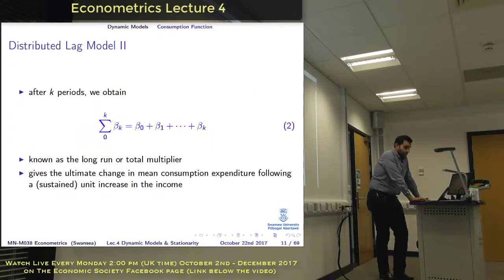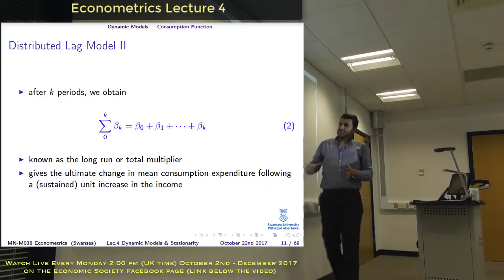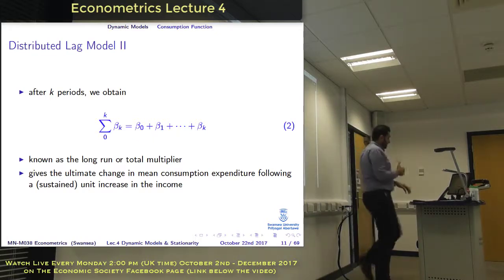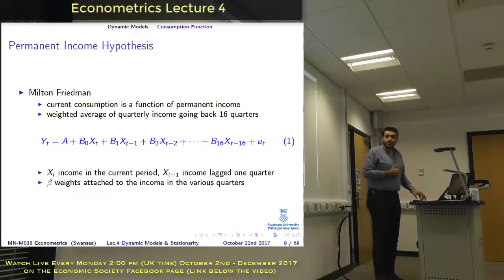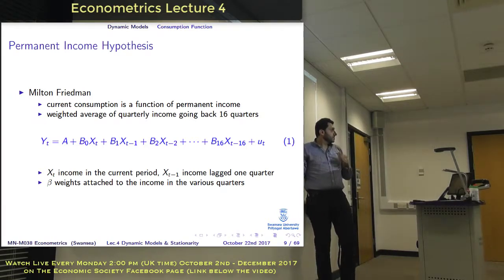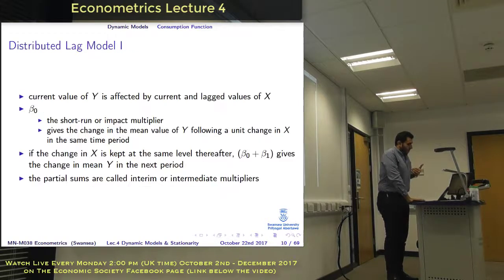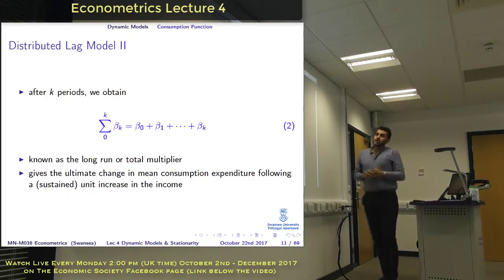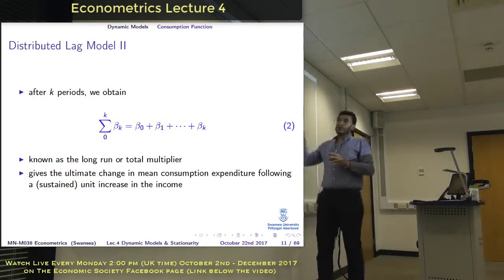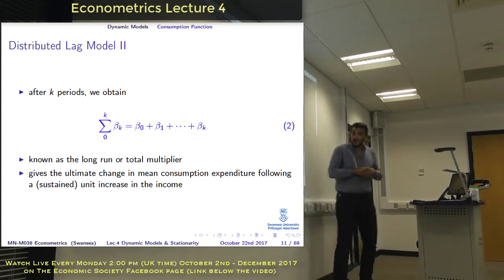Okay, so this is the main idea. If we have a more general form of the model, let's say we have k lags. In the previous model, the one I showed you on the first slide, we go back 16 lags, or 16 time periods in the past. But in a more generalized form of this distributed lag model, beta could go back to k lags, so we'll have beta k.